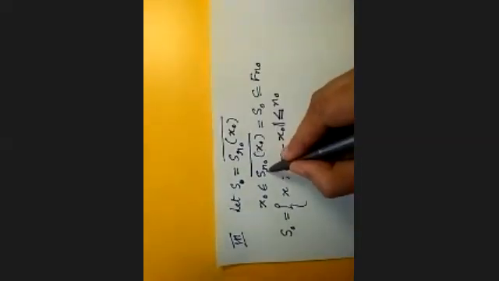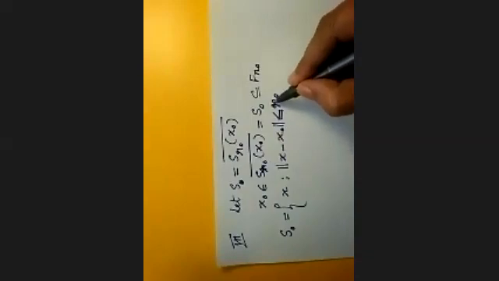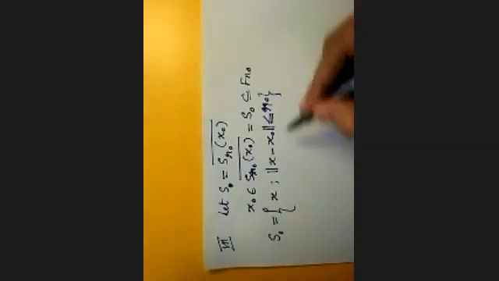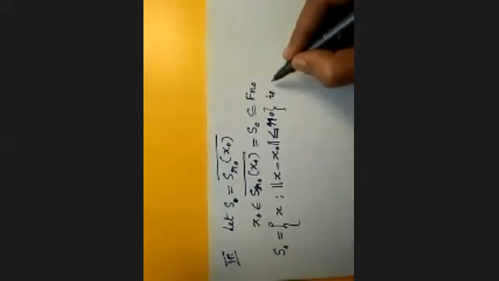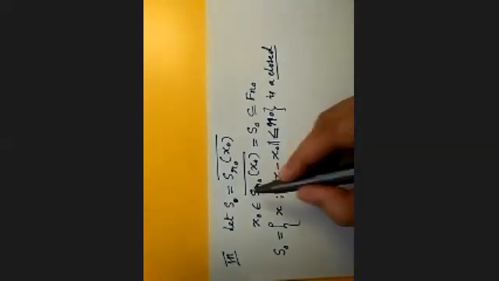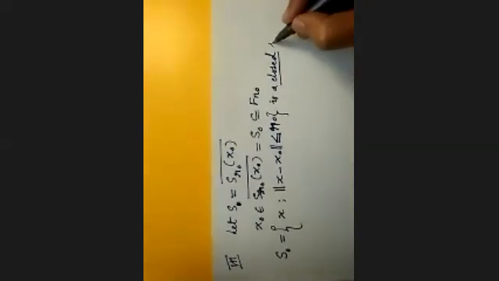We have taken it as r naught. Okay. Is it a closed set? It is closed because it is bar. Closed sphere centered at x naught, and radius is r naught.